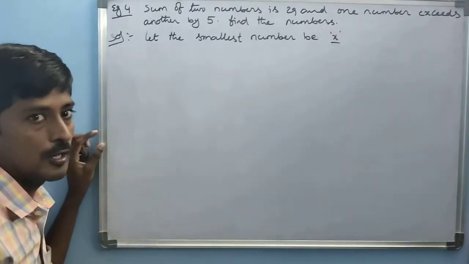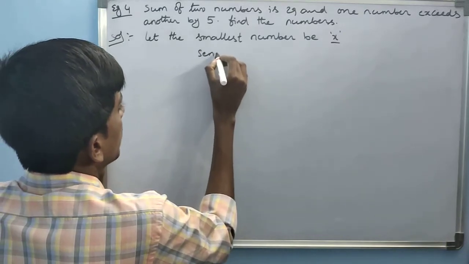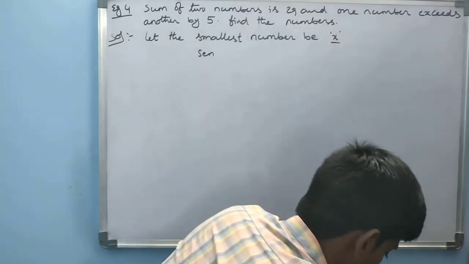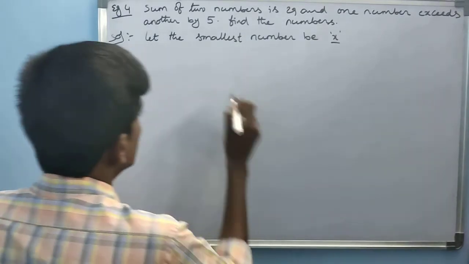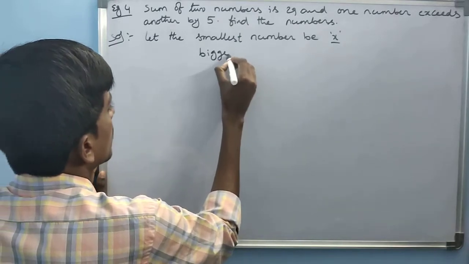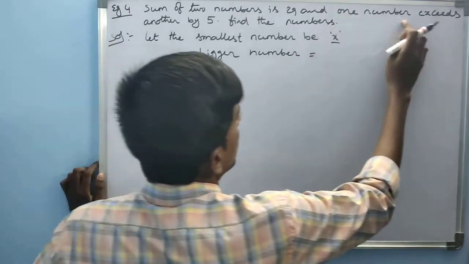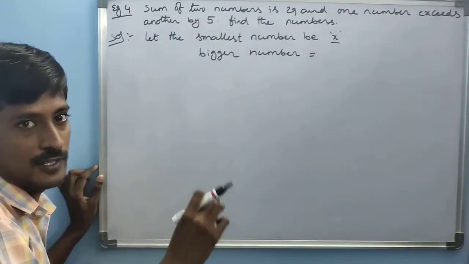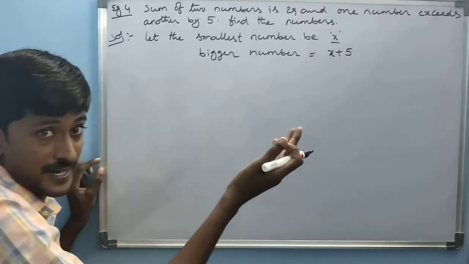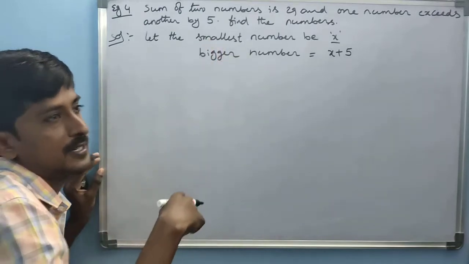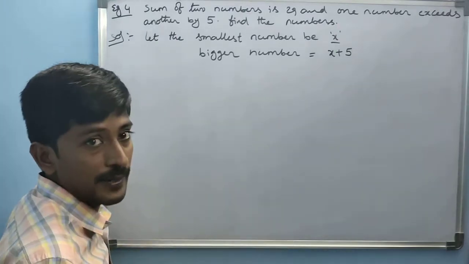Then the bigger number, since one number exceeds another by 5, is x plus 5. Exceeds by 5 means 5 more than the smallest number, so if you add 5 to the smallest number, you get the bigger number.